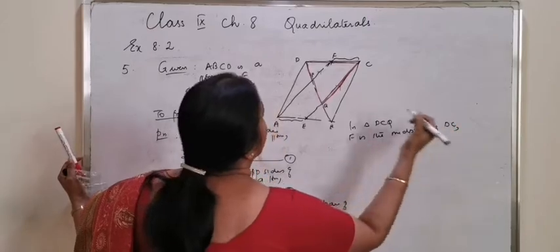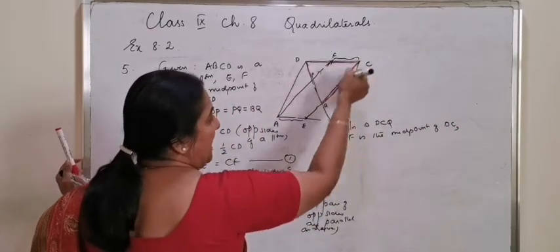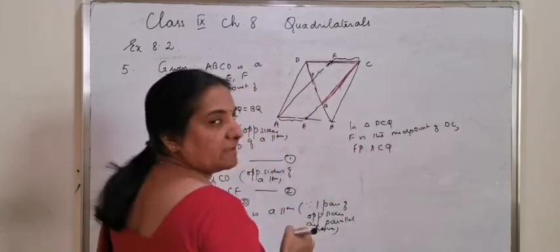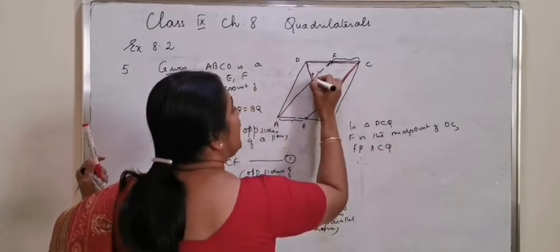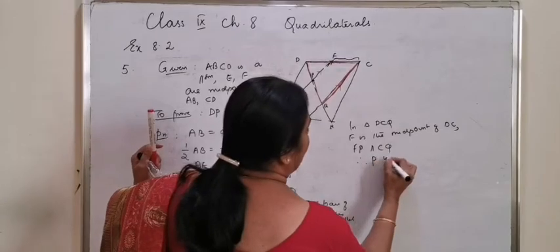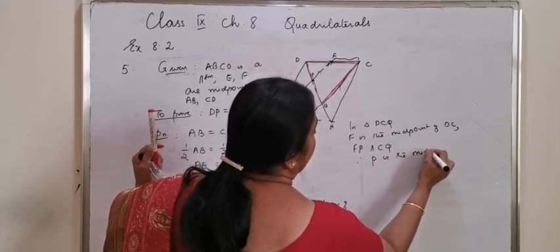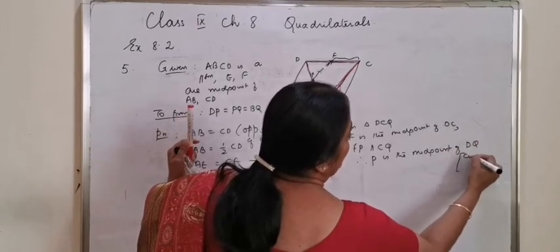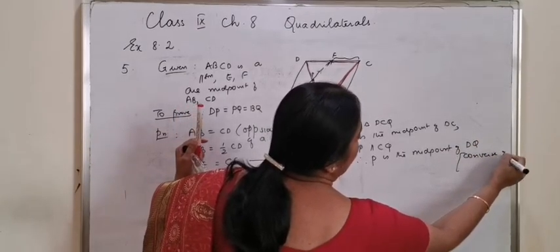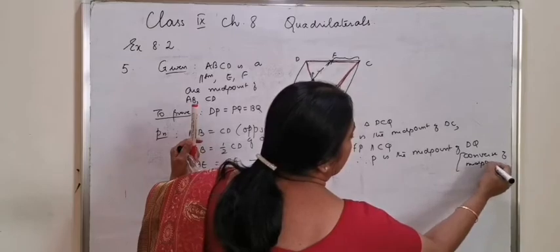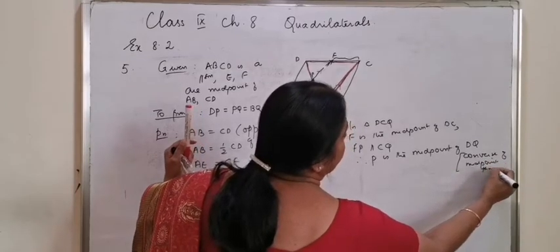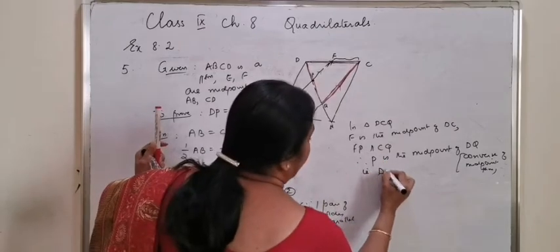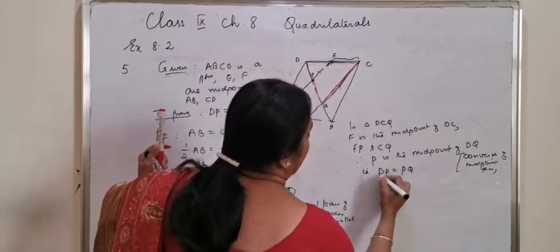Then FP is parallel to CQ. Therefore, P is the midpoint of DQ by converse of midpoint theorem. That is, DP is equal to PQ.